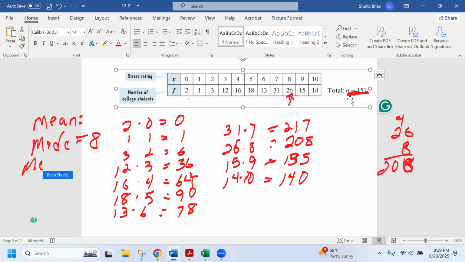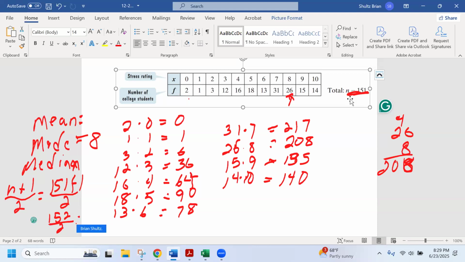My median, this one is where it's nice to know that rule about n plus 1 divided by 2. 151 plus 1 divided by 2 is 152 divided by 2, which is 76. The 76th term is the median.